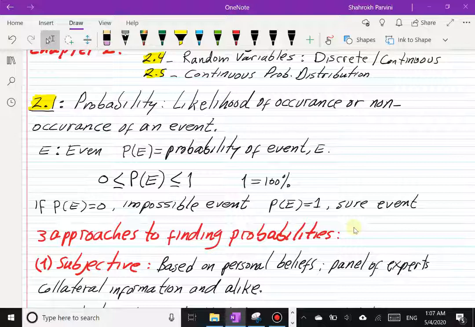Usually these are based on some kind of personal opinion, based on judges, a panel of experts. Sometimes we have some collateral information, things like that. There's really no concrete work behind it. Again, there's no objectivity in this assessment of probability.